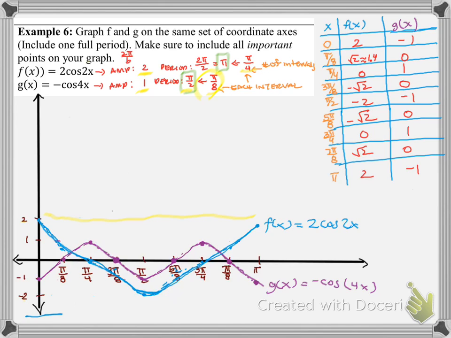But for our g function, only pi over 2, and it was negative, which is what caused it to flip. So it's the cosine function flipped upside down. And because we went out all the way to pi for the g function, we actually have completed 2 periods for the g function. For the f function, 1 period was just pi, but we completed 2 periods for the g function.